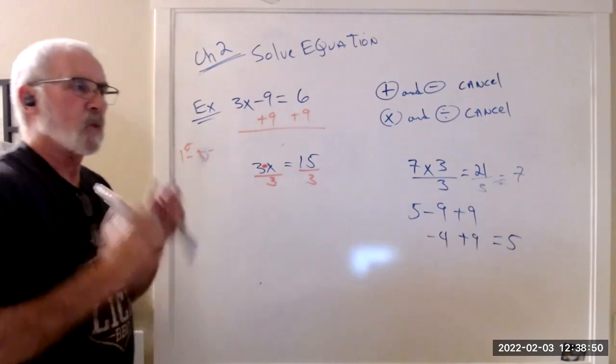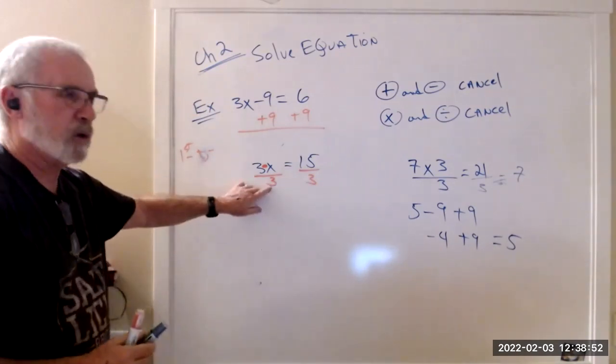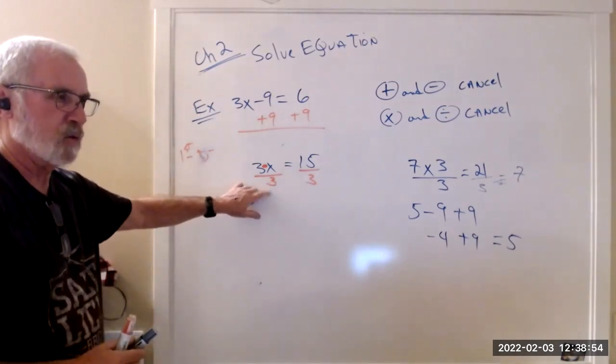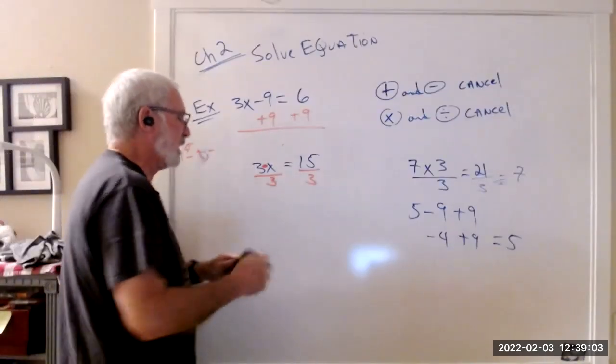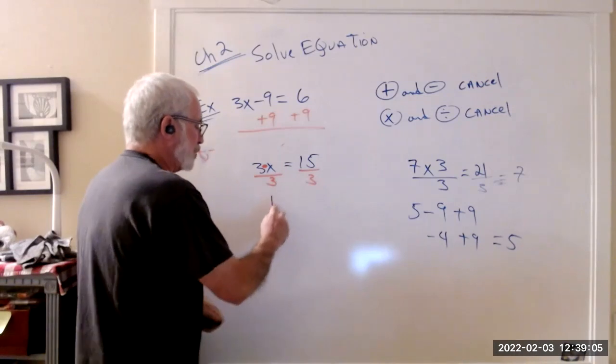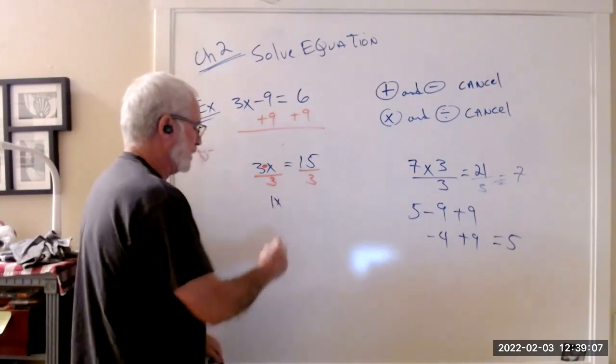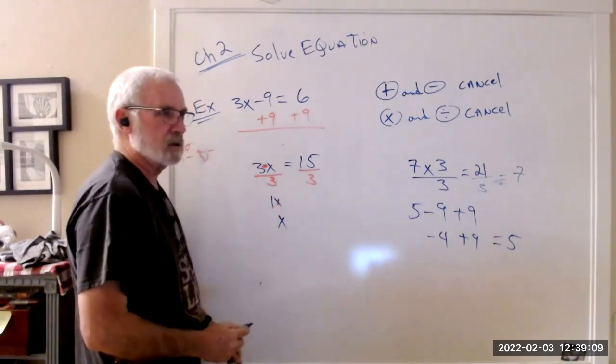Again, what's the purpose of, look where I'm pointing, this 3? To get the x alone. Yeah, it'll cancel out the other 3 with the x. So technically, 3 divided by 3 is 1x. And then we go, well, that's stupid, let's just write x.